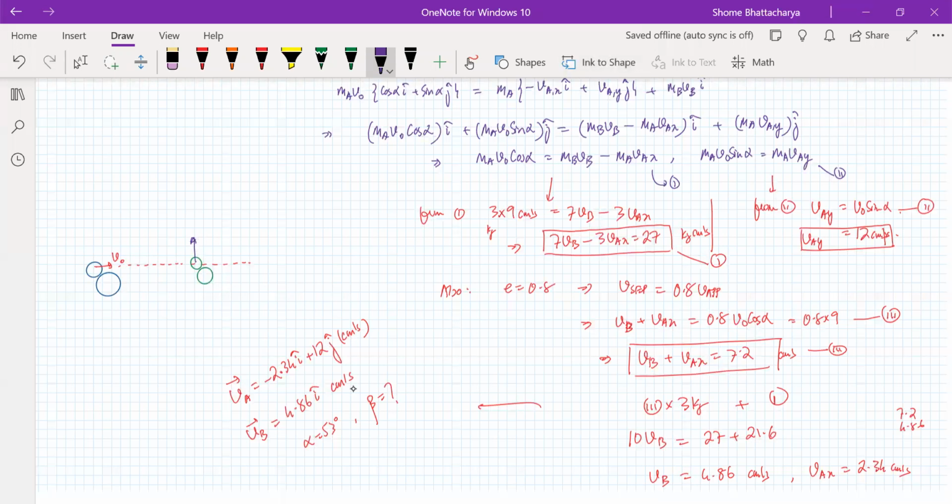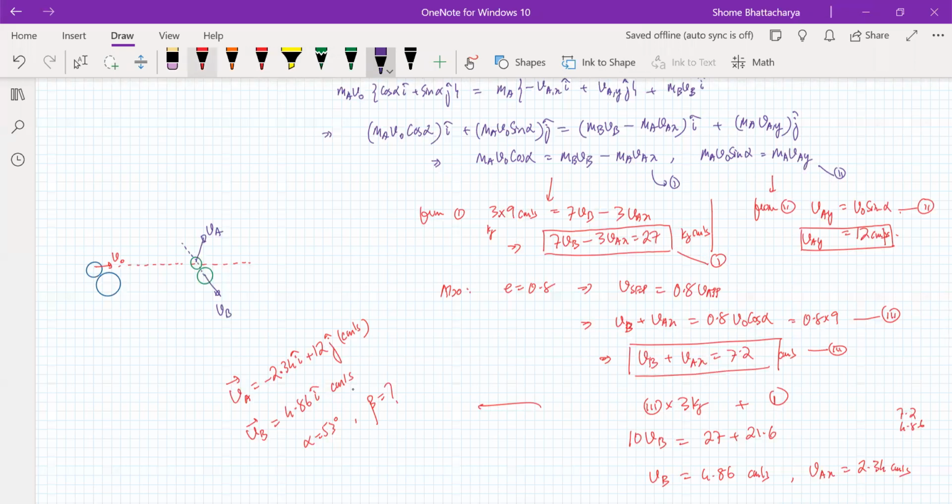It won't be exactly perpendicular, but VA is, let's say, something like this. It's quite likely to be even an obtuse angle. I'm not sure, we'll see what it is.